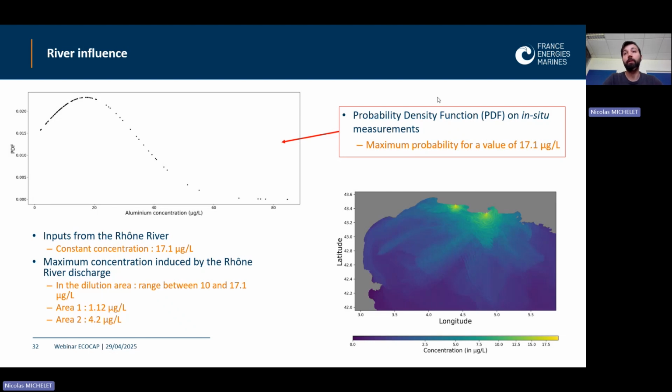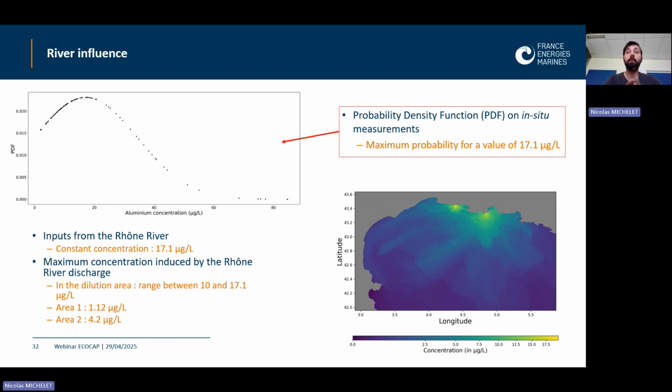On this picture, we can see in the dilution area, we have concentration ranging from 10 to, of course, 17 microgram per liter inside the Rhône. But in the area 1 on the left part over here, so the wind farm, the Rhône River will induce a concentration of about 1 microgram per liter, while on the eastern area 2, we have a concentration of 4 microgram per liter.